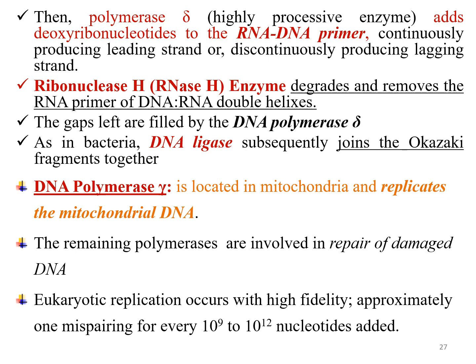As in bacteria, DNA ligase is subsequently used for joining the Okazaki fragments. DNA polymerase gamma is mainly found in mitochondria and is used to replicate mitochondrial DNA. The remaining polymerases are involved in repair of damaged DNA, and eukaryotic replication occurs with high fidelity, approximately 1 mispairing for 10⁻⁹ to 10⁻¹² nucleotides.